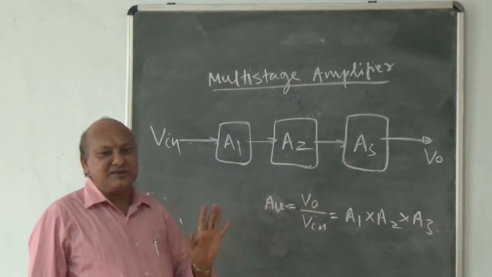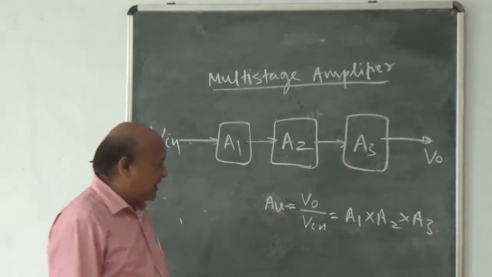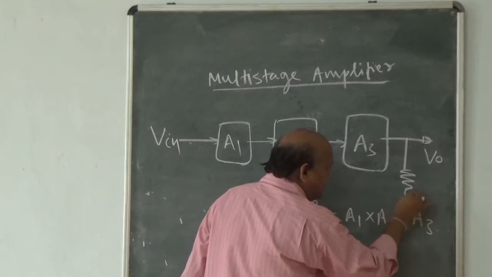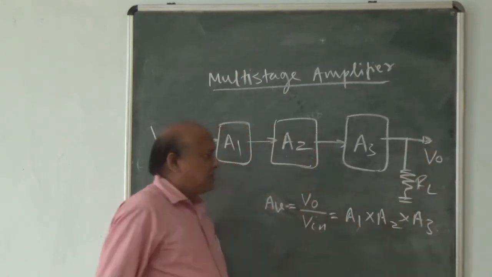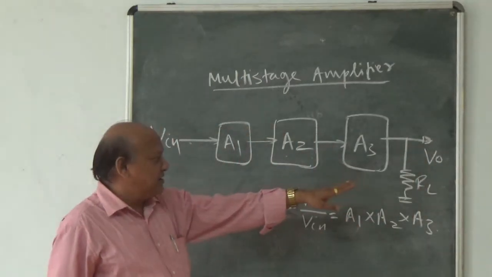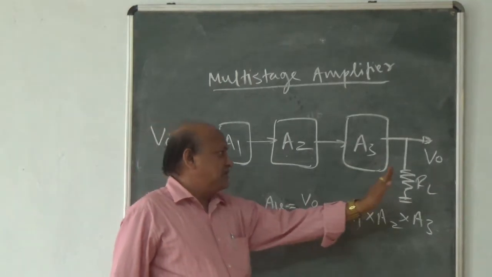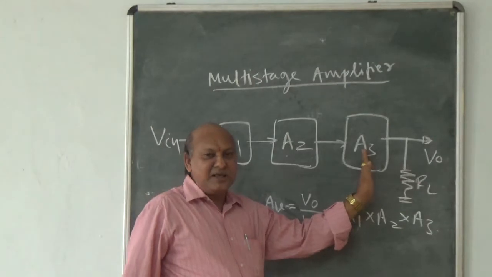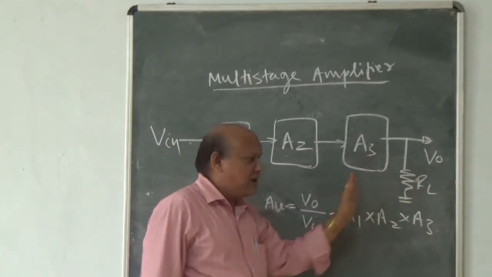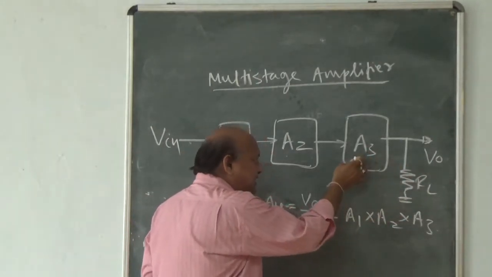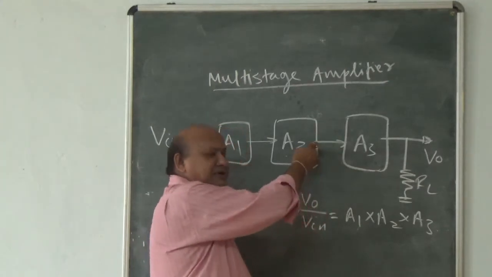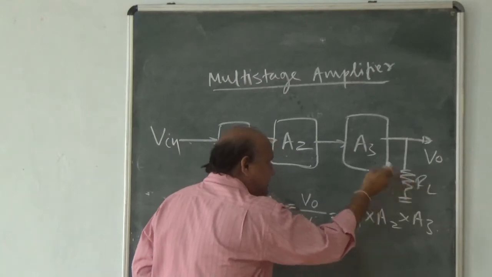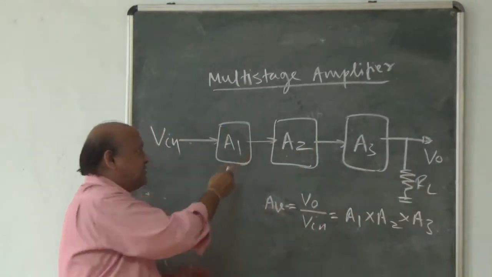But practically it is not like this, because we connect the load at the output side of the multi-stage amplifier. Practically, the loading effect will be on the last amplifier, and this load plus the last amplifier have a loading effect on the previous stage, and the loading effect of RL, A3 and A2 will be on the first stage.